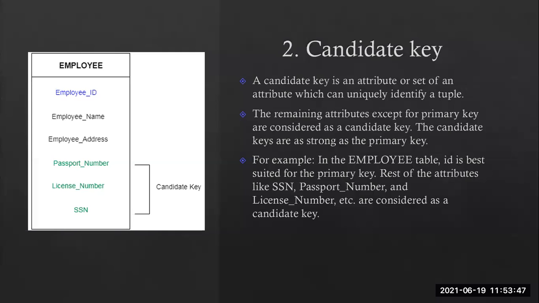From the student, fourth semester A division, roll number is the primary key, then name, age, address, USN, and student ID. I have mentioned roll number as the primary key. Can you tell me now from your side which are the candidate keys? Anyone, please? Should I repeat?